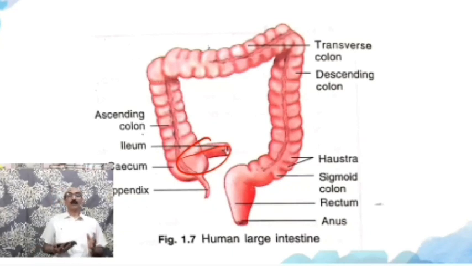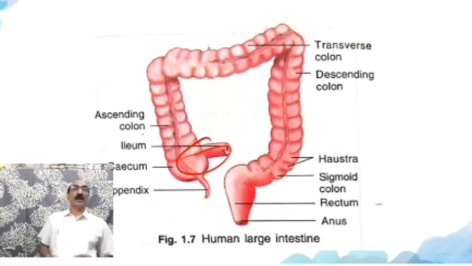Some bacteria also remain there that help in the formation of vitamin B complex and vitamin K. Now food in finally undigested or indigestible form gets collected in the rectum. When it becomes too much, pressure is exerted in the rectum and a nature's call reaches us and we defecate. The defecation occurs through the anus, and in this way digestion in human being is completed.